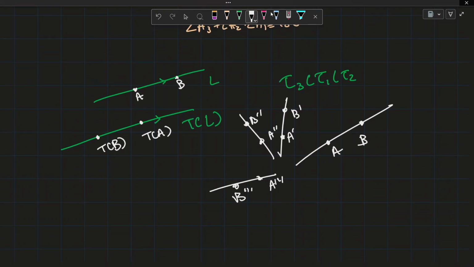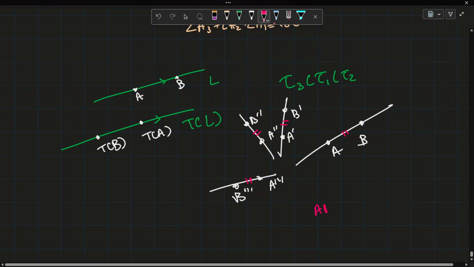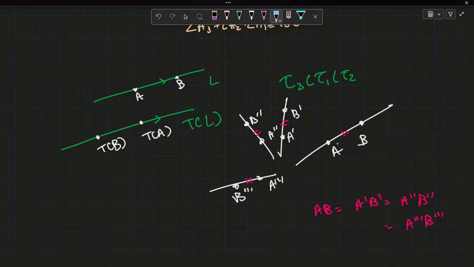And another thing to note is that all these four distances will become equal. So AB is equal to A dash B dash equal to A double dash B double dash equal to A triple dash B triple dash. This is the second proposition I want to say. And these four distances are equal because under a rotation, the distance between any 2 points doesn't change.